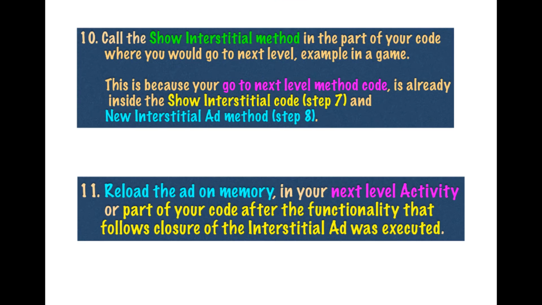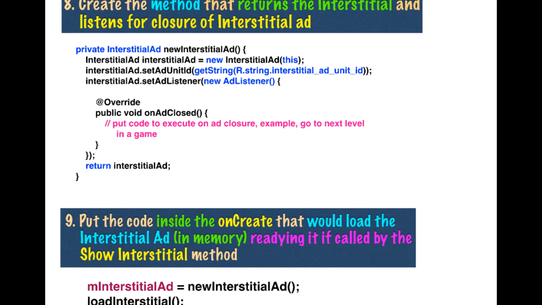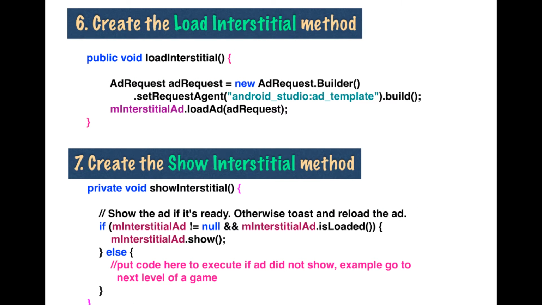So step number 10 is to call the show interstitial method in the part of your code where you would go to the next level. Example, in a game. So why is this so? Because in the show interstitial method here in number 7, it is where you put the code to execute if the ad didn't show, right?